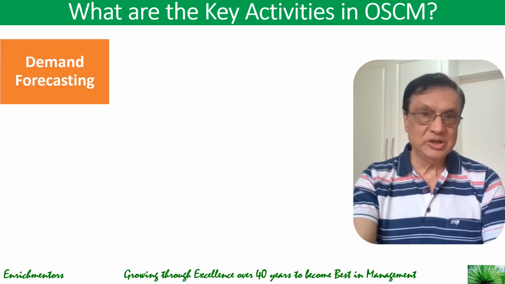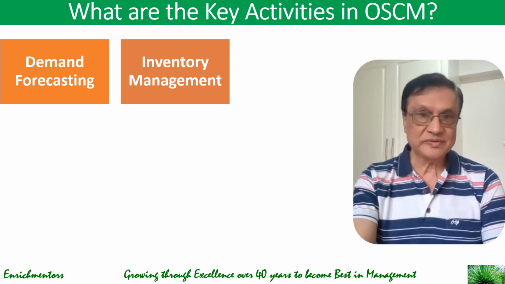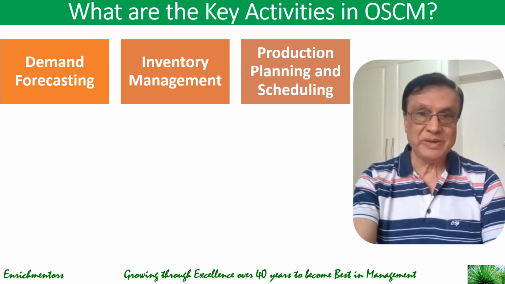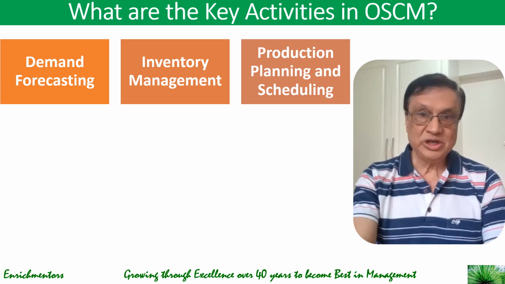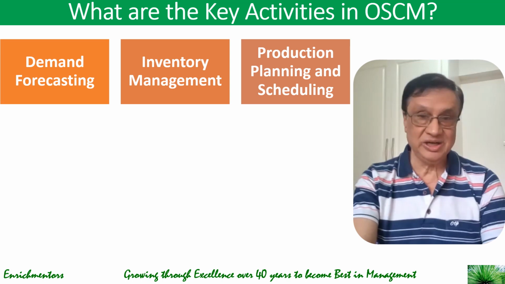Then inventory management, where you balance the cost of holding inventory against the risk of stockouts to maintain optimal inventory levels. Then production planning and scheduling, or production planning and control, where you determine what, when, and how much to produce to meet customer demands efficiently. A very critical part of operations and supply chain management.